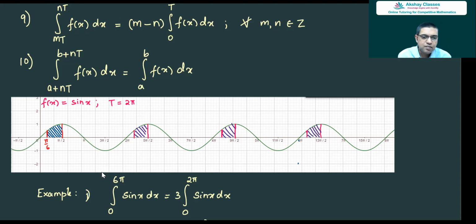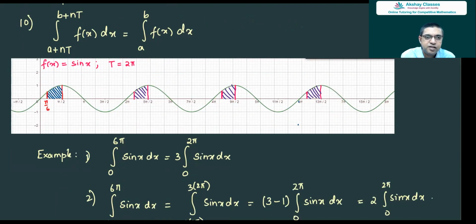So 2 pi plus pi by 6, this point is 2 pi plus pi by 6, which is 13 pi by 6. Now this point is 4 pi plus pi by 6, which is 25 pi by 6. And this point is 6 pi plus pi by 6, which is 37 pi upon 6.